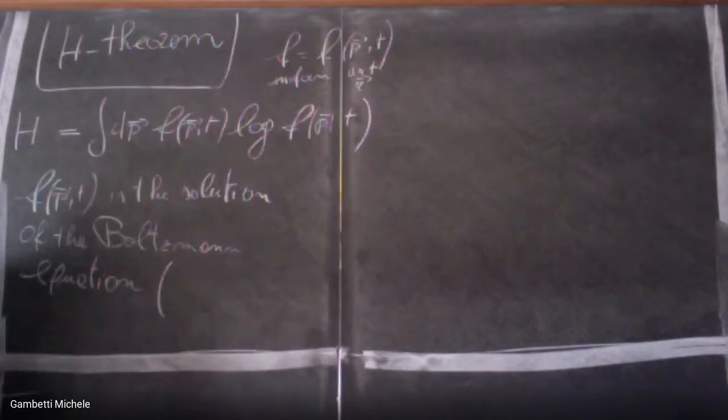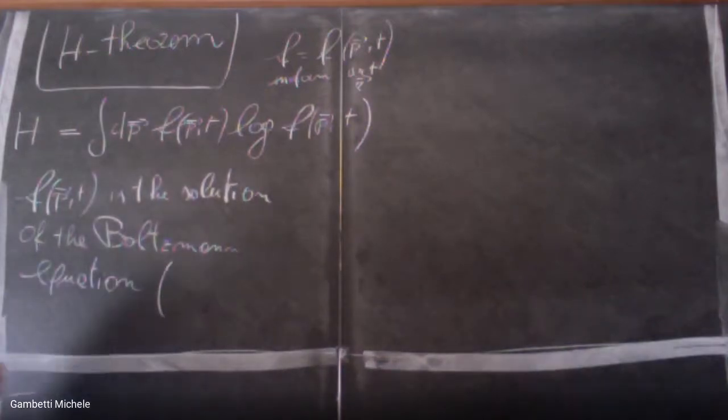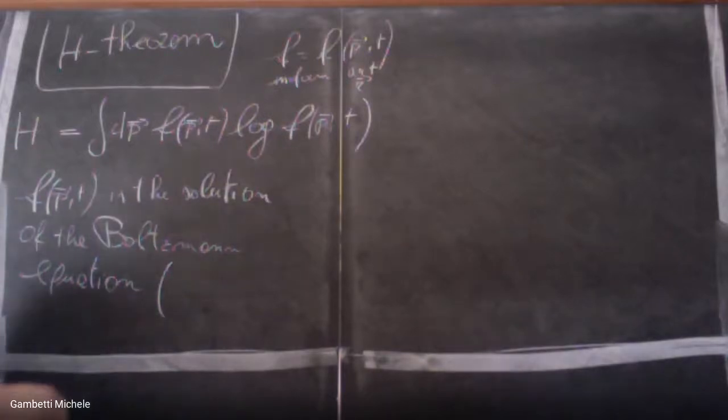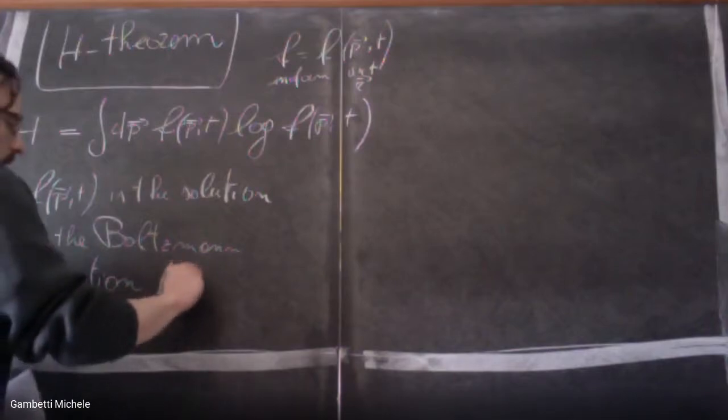which was derived among the different approximations, such as the one of dilute gas, for instance, the two-body collisions. But one of the most important, for what I'm going to say, is the assumption of molecular chaos.